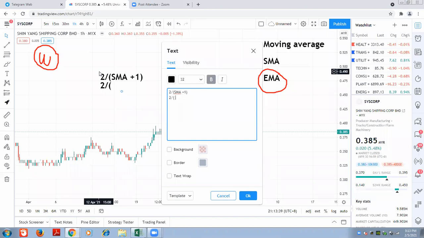Let's say you counted 5 days, so 5 add up with the 1. So 2 divided by 6, we have the answer 0.33. 0.33 is the weighted value that you need to put in the EMA formula.